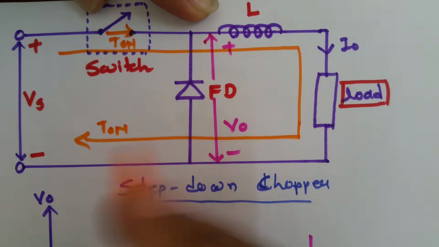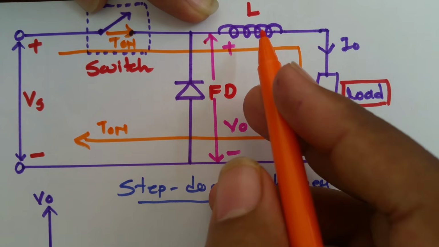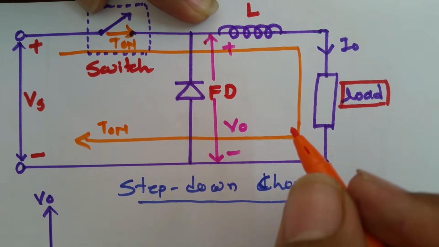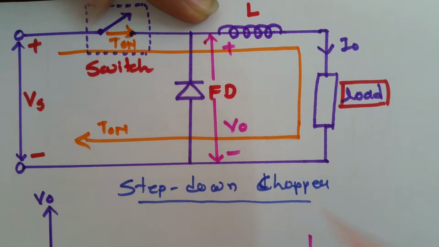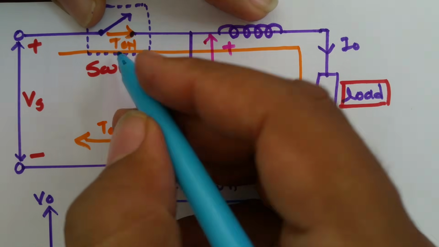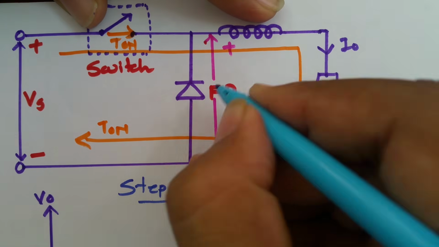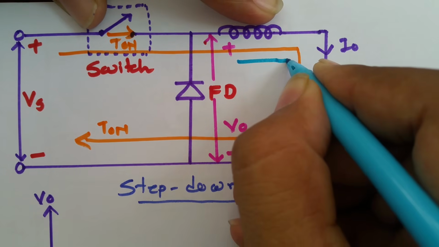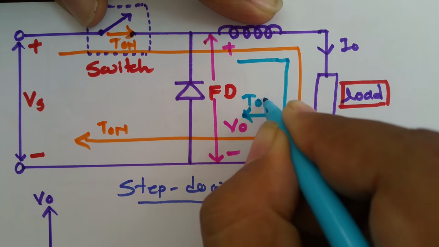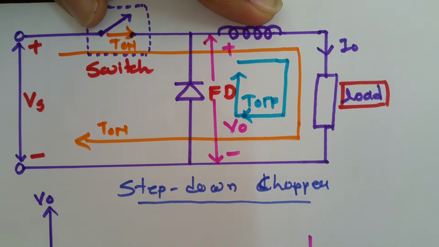So when this switch is on, this inductor will get charged and current will increase through the inductor. As this switch is off for some other instant, at that time this will be an open circuit, and current will flow in this loop during T off, and it will flow like this.